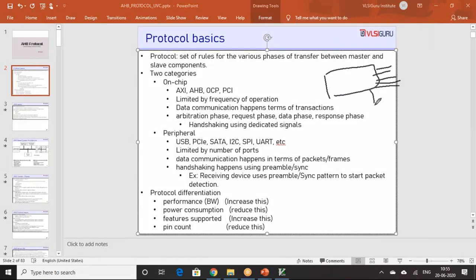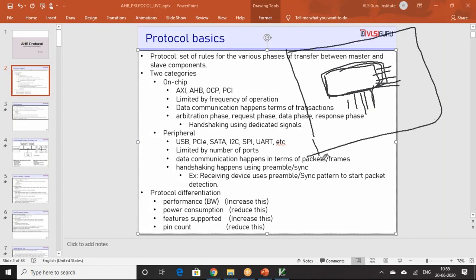As you increase the number of ports, the packaging becomes more and more difficult. You cannot pack in this much. If you double the number of ports, you have to make the packaging this much bigger, because you need to worry about the gap between this line and this line, how much gap I can give. So that is what limits the number of ports.